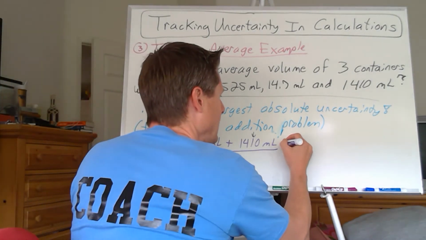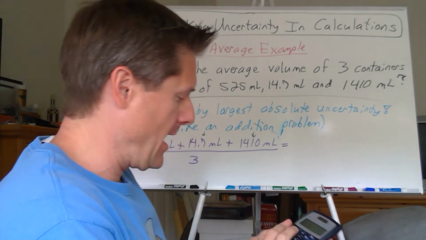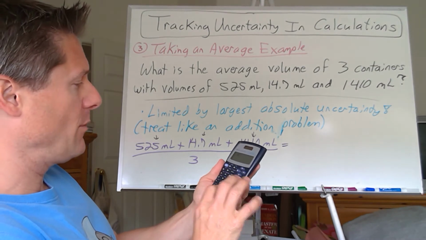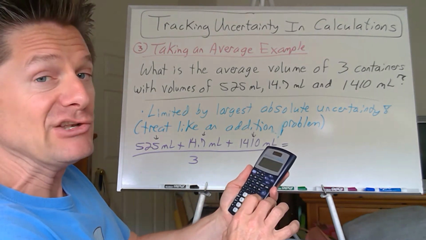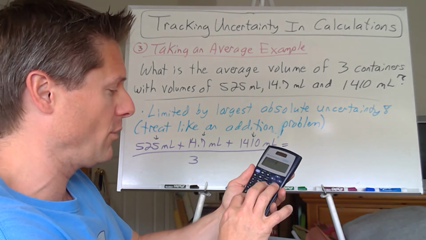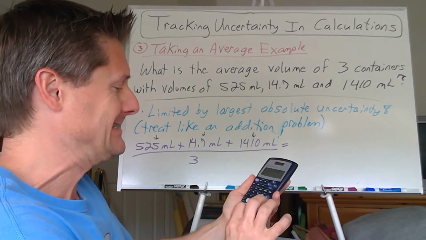So if we add those together, it would probably be good if I typed it on my calculator. Let's take 525 plus 14.7 plus 1,410.